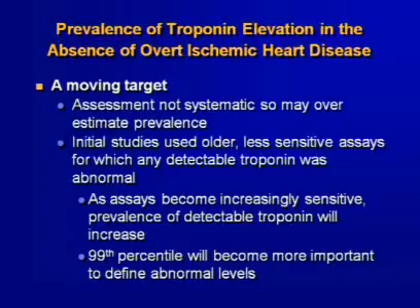We also know that the initial studies that were done used older, less sensitive assays, so any detectable troponin was abnormal. And we could expect that as the troponin assays are more sensitive, the prevalence would go up if we systematically measured it in all patients with that disease entity. And I think there, where the 99th percentile falls out is going to be helpful, at least in distinguishing abnormal from the normal population, if you will.